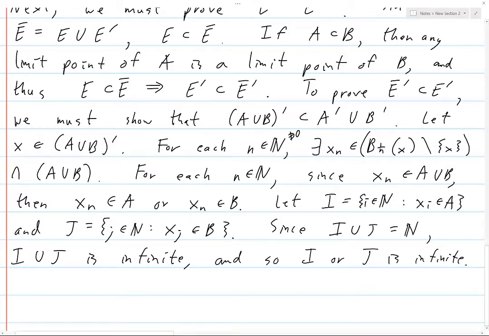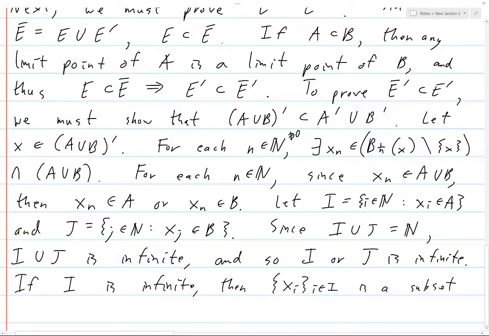Okay, so if I is infinite, then (x_i) for i in I is a subset of A, which converges to x.